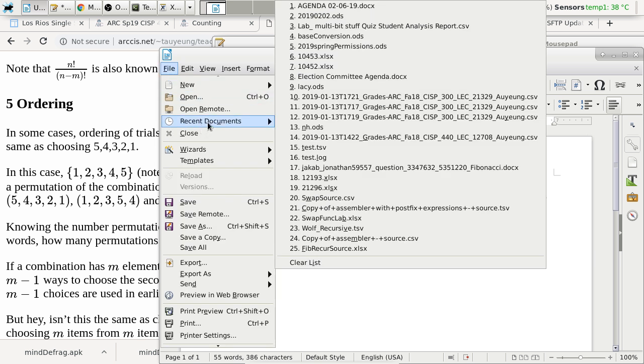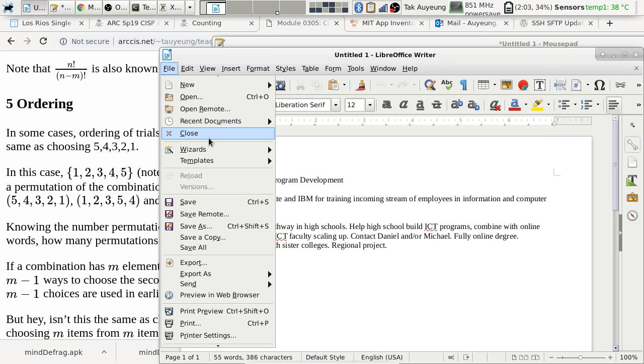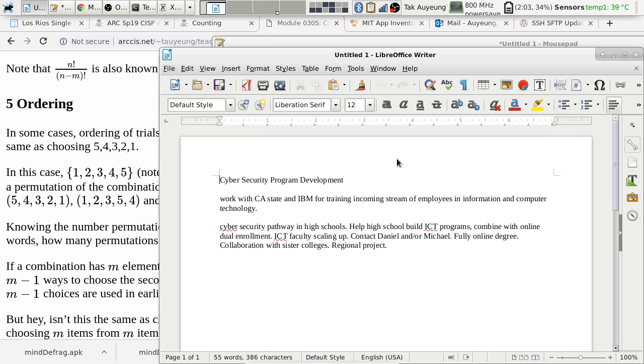That's a leftover note from a meeting that I was in. It's kind of interesting. I'm not sure how much of this you guys want to know. Cybersecurity pathway and cybersecurity programs.